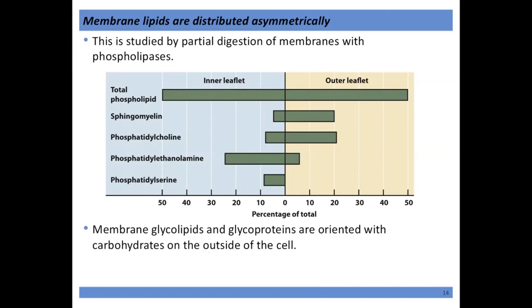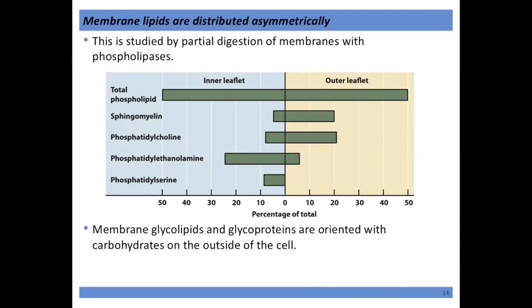They tend not to go across the membrane, so you can have it cleave off the lipids on the outside, and you analyze those. There are other methods to do this, but that's one of them. And so you can see the total distribution of phospholipids. That should make sense in that you have 50% on the inside and 50% on the outside.